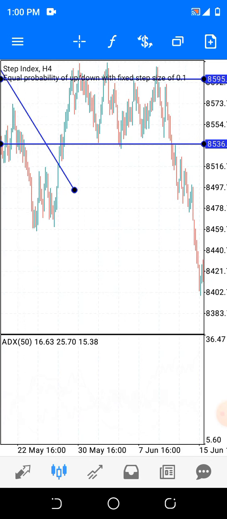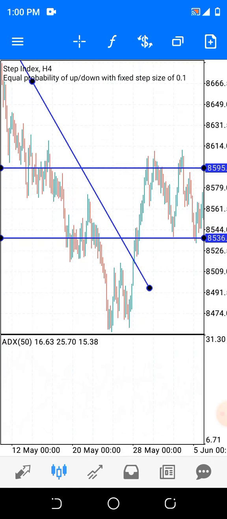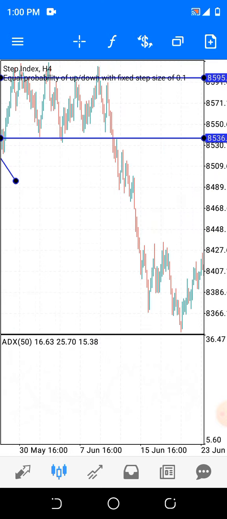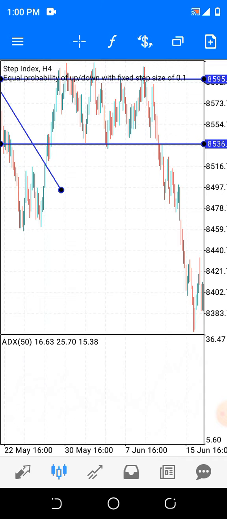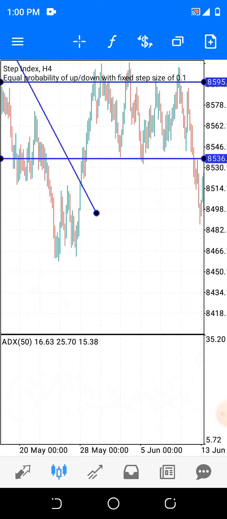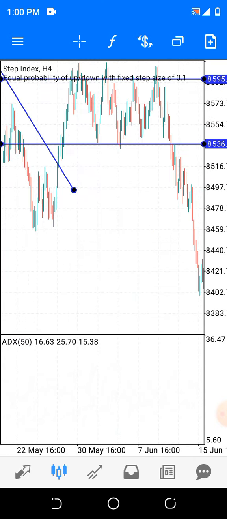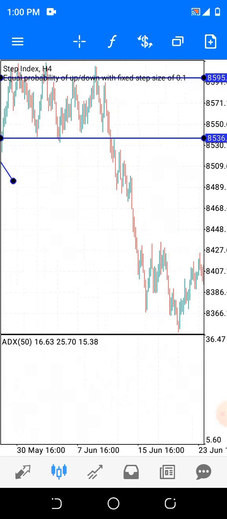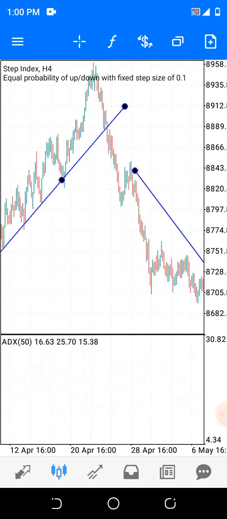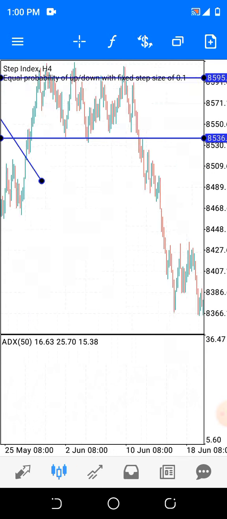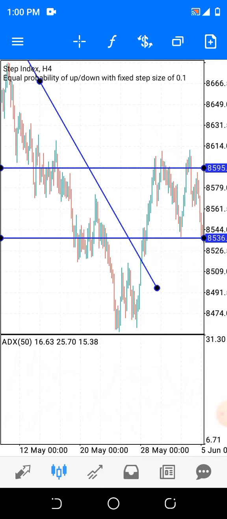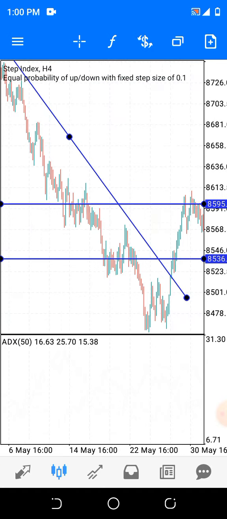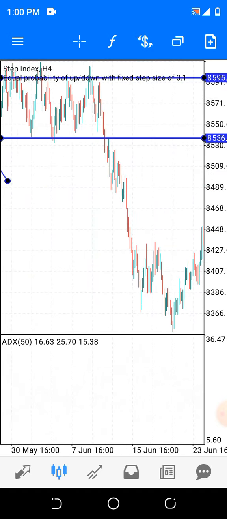With the help of a trend line, you can analyze your market, analyze your chart, and trade profitably. Do you understand? So the same thing happens in other areas. With the help of a trend line, you can analyze your chart and trade it profitably.